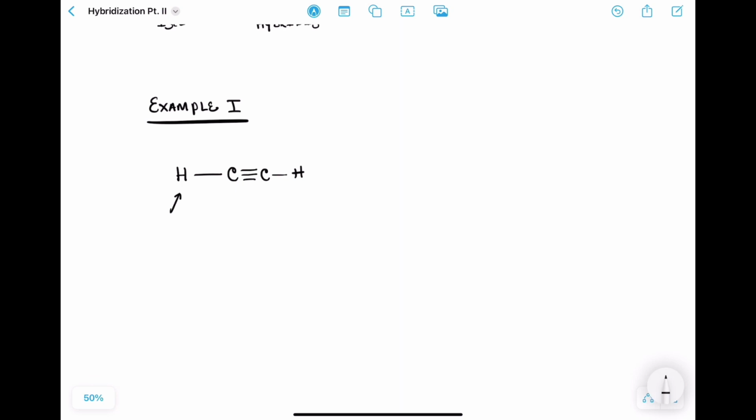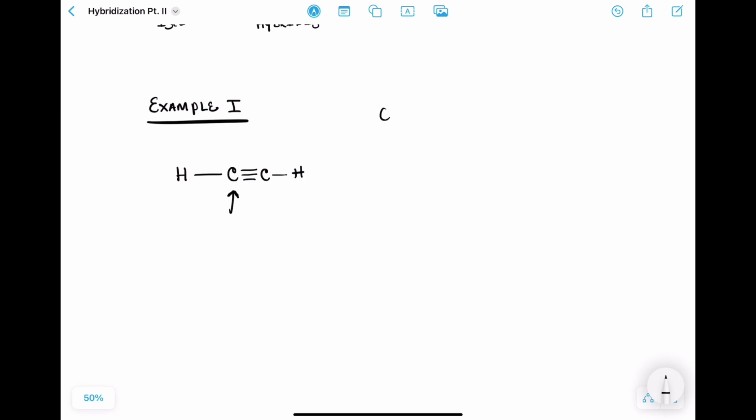If we're talking about hydrogen, we don't ever ask about this. It's not a high yield question because hydrogen will always have a 1s orbital. No matter where hydrogen is, it's going to be 1s. So we don't really ask about that. We do ask, however, about carbons. And so we look for how many electron domains carbon has.